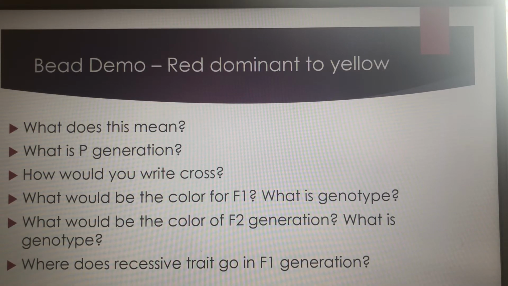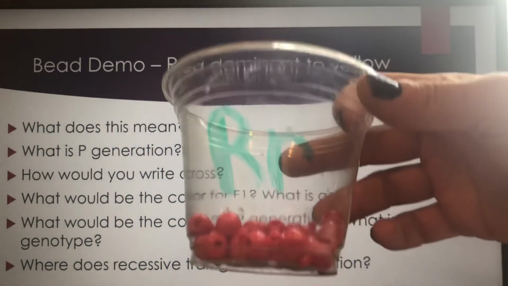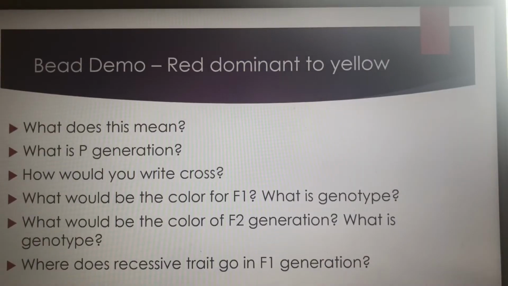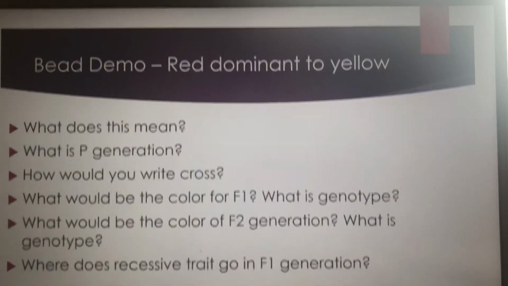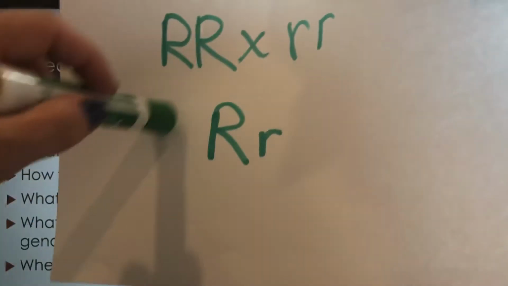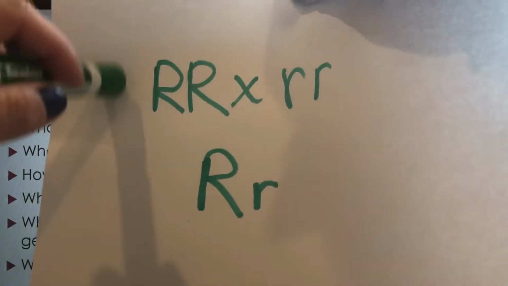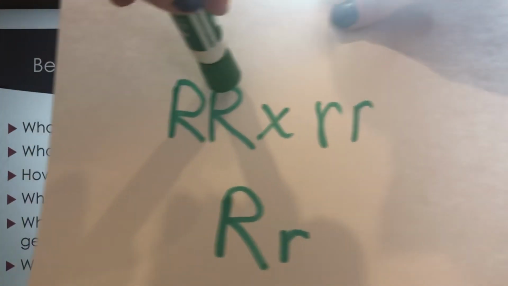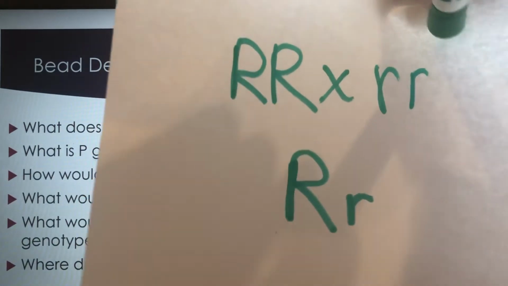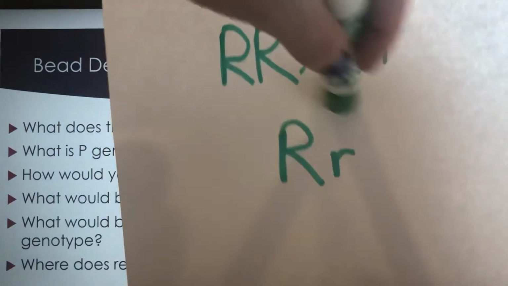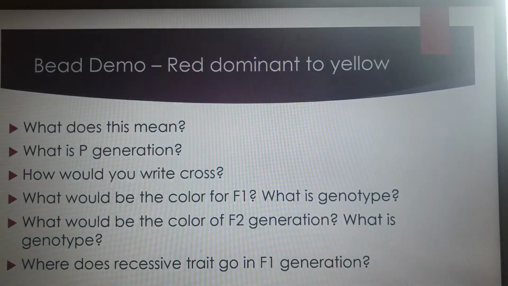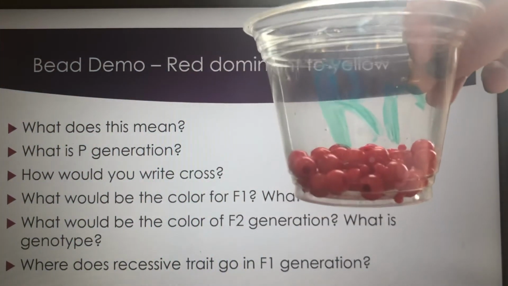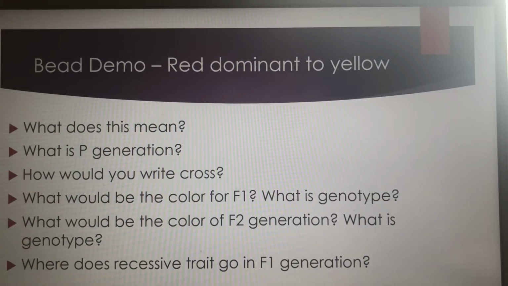When we cross the red and the yellow beads together, the offspring would look like this: big R, little r, because all that one parent could give would be a big R, and all that the other could give would be a little r. So all the offspring are big R, little r. However, their color would still be red. Everyone see that?